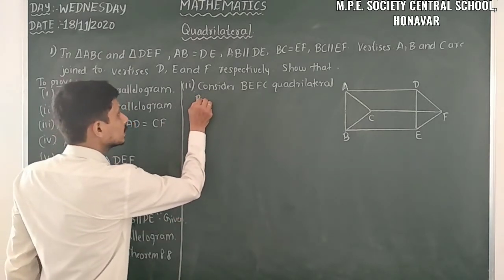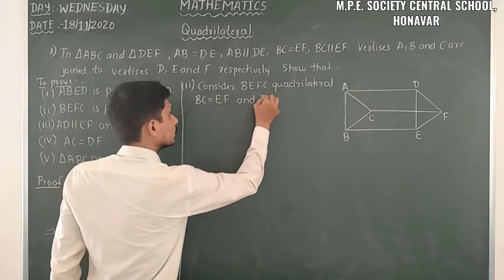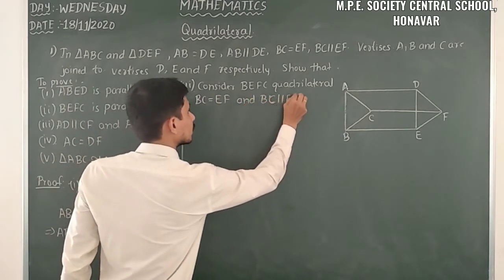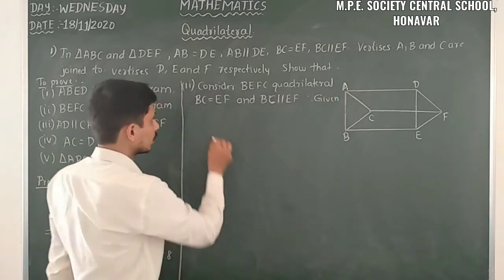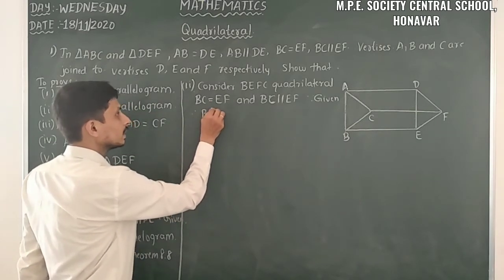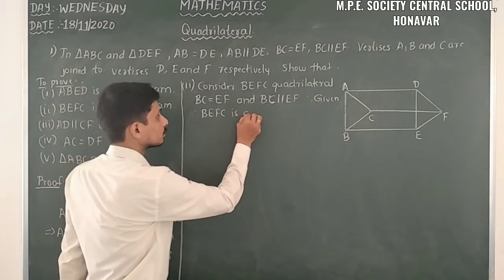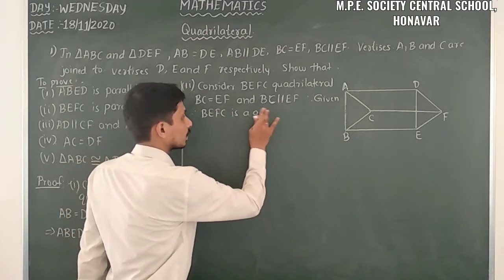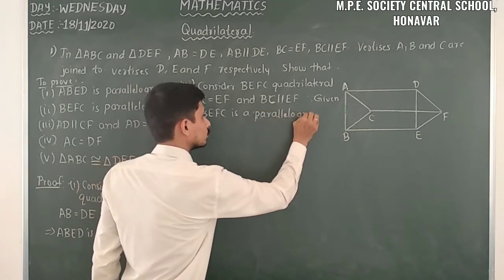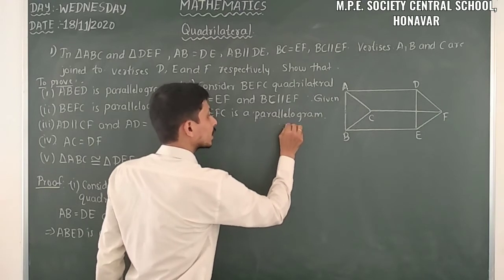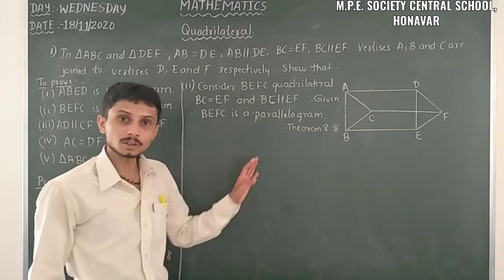So BC is equal to EF and BC is parallel to EF, because of the given. Therefore BEFC is a parallelogram because of theorem 8.8.